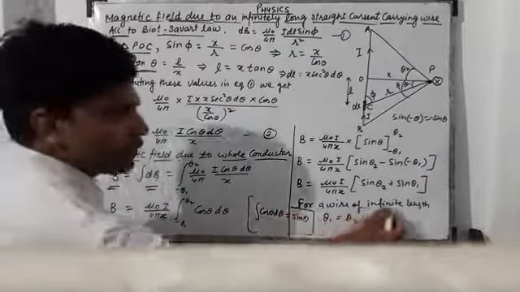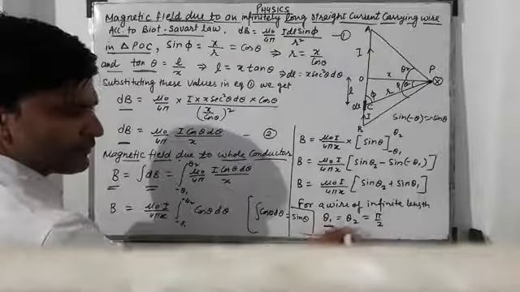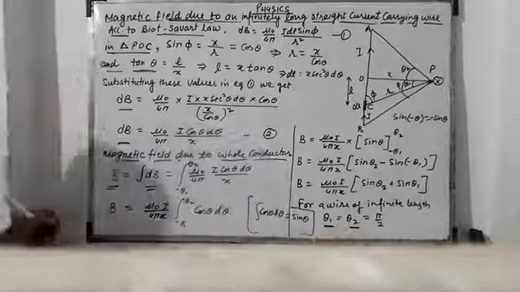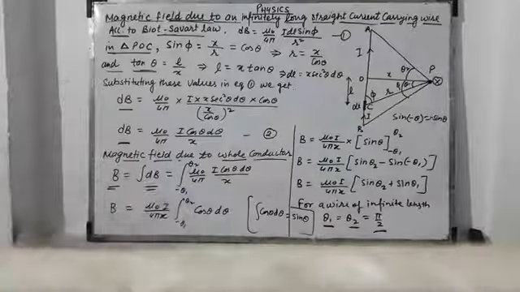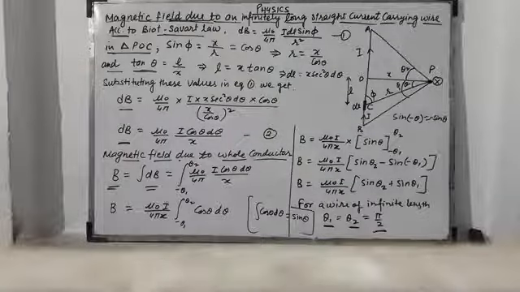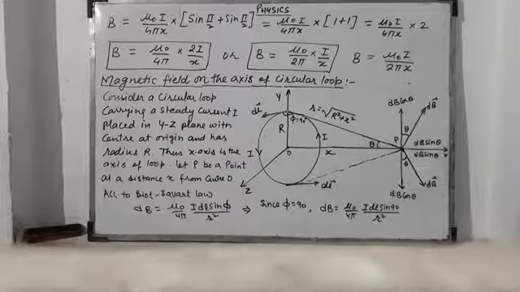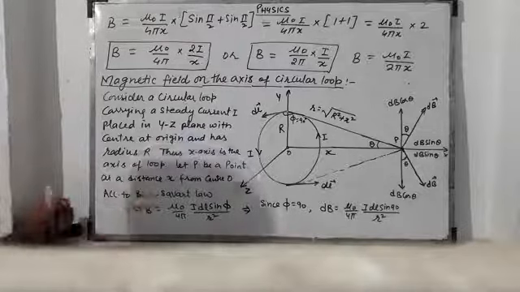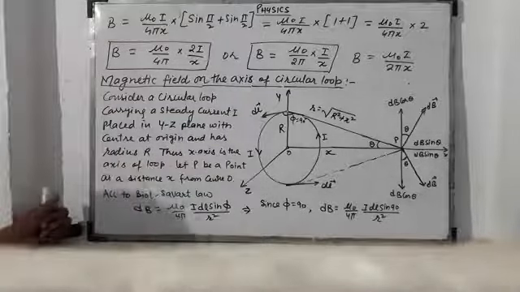For a wire of infinite length, theta 1 and theta 2 are both equal to pi by 2, that is 90 degrees.